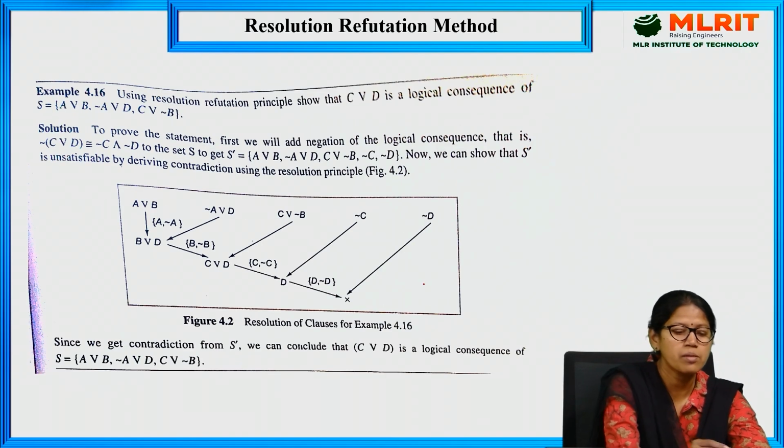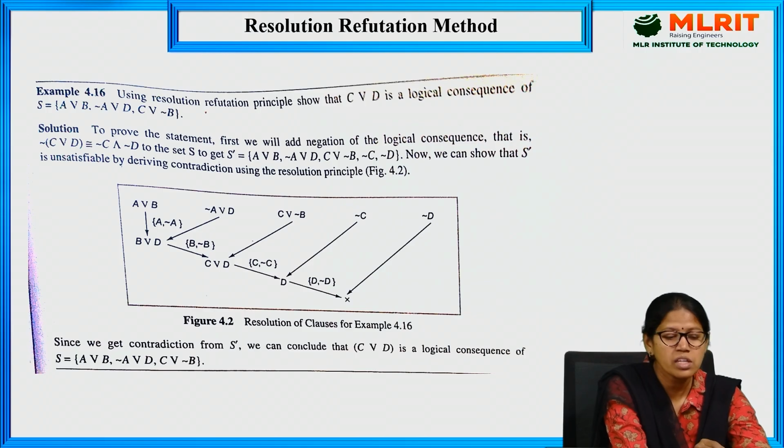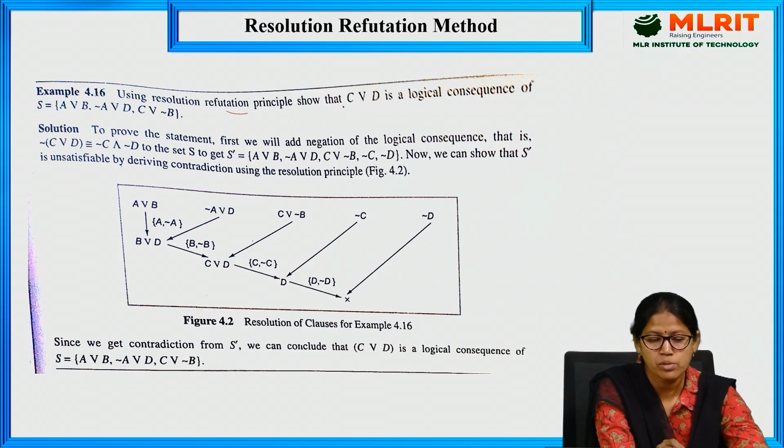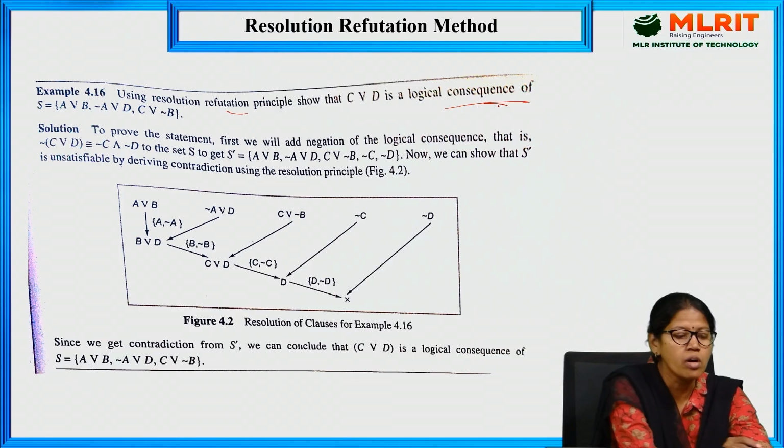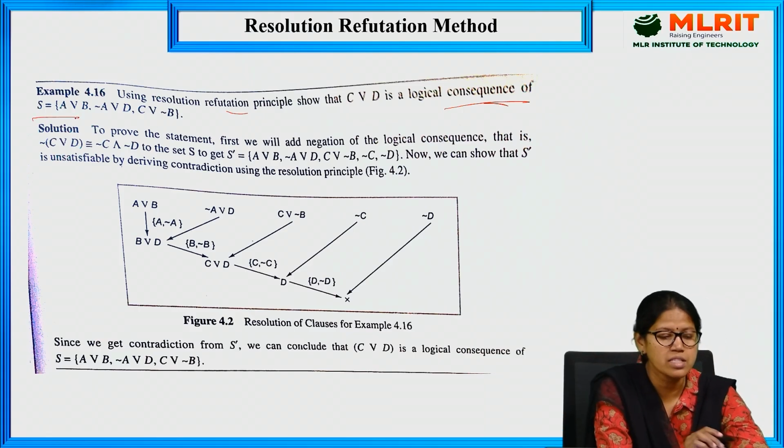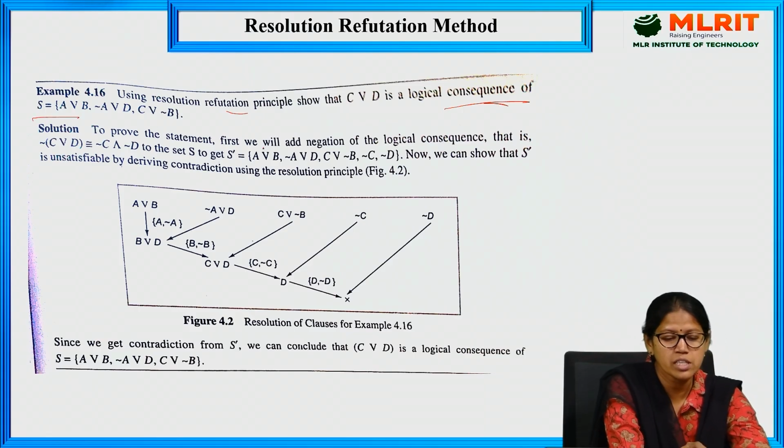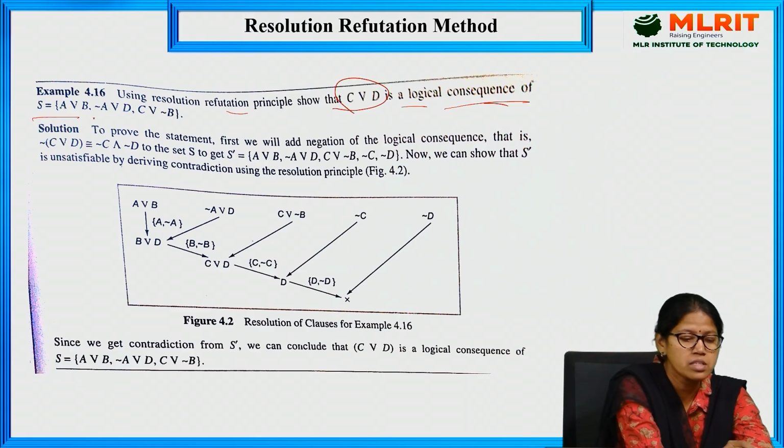Let's see one example. Using the resolution refutation principle, show that C or D is a logical consequence of the set of classes. To prove this statement, first we add the negation to S as S dash.